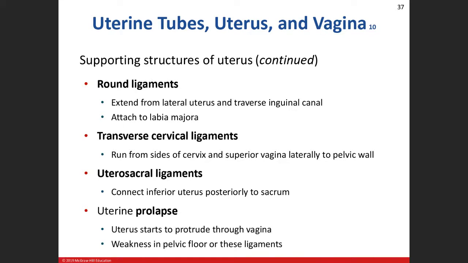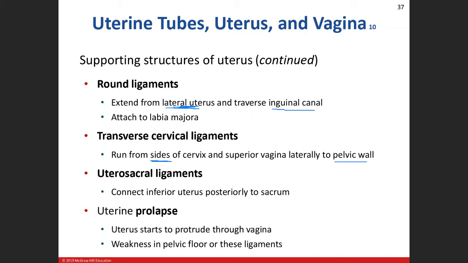So like I was saying here, the round ligaments are going to be on the superior lateral portion of the uterus. It helps to hold the uterus upright, and it's going to enter into the inguinal canal. The transverse cervical ligaments are going to be on the lateral sides here, and they're going to attach the uterus to the pelvic wall.